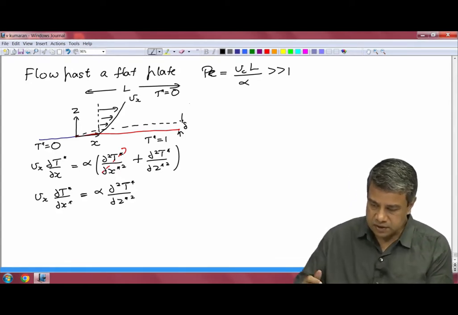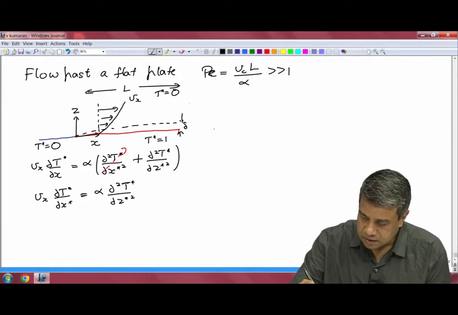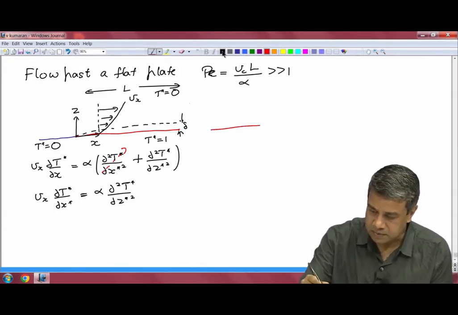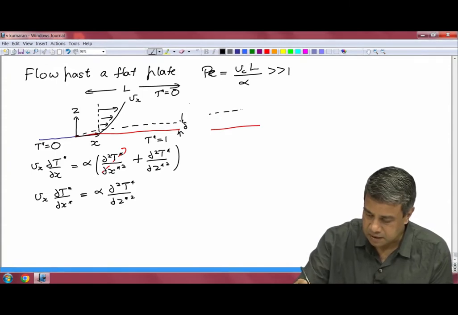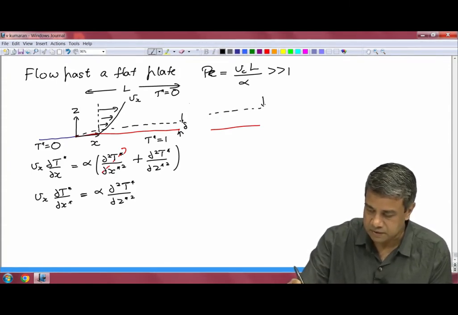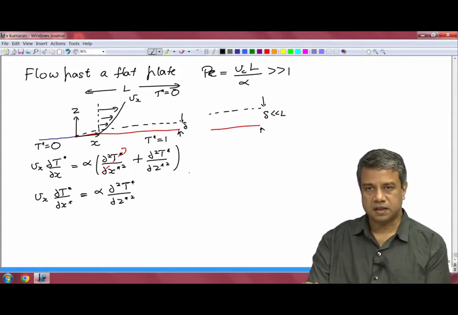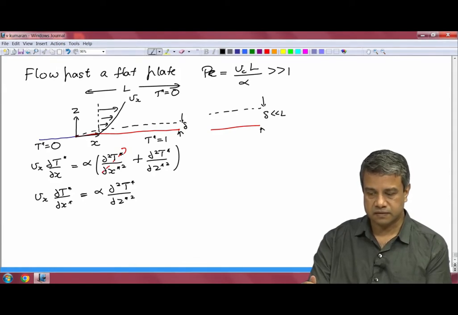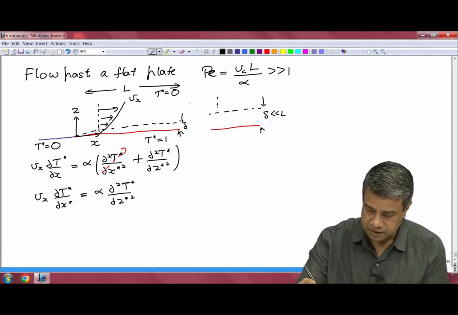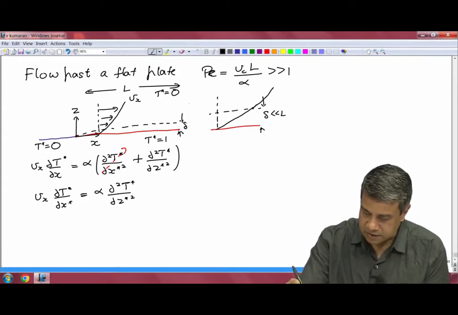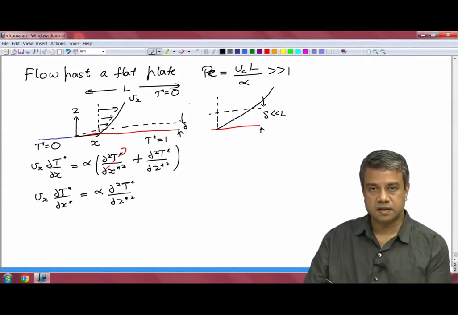And very close to the surface, the thickness of this region where the temperature field is affected by convection and by diffusion from the surface is small compared to L, the characteristic distance for the variation of the velocity field. The velocity was expressed as a linear function of the distance from the surface.